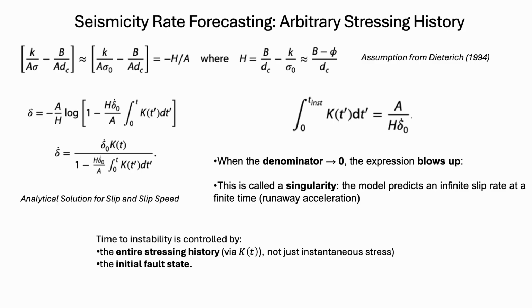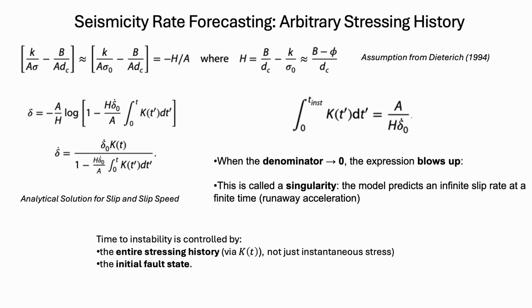and use this in the slip rate equation over here, you see in the slip rate the denominator is 1 minus H times reference slip rate divided by A times the stress kernel integrated over time. If the denominator goes to 0, then your slip rate goes to infinity, which means, as I said before, earthquake nucleates. It goes to infinite speed.